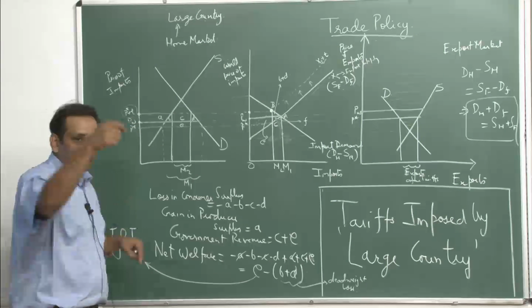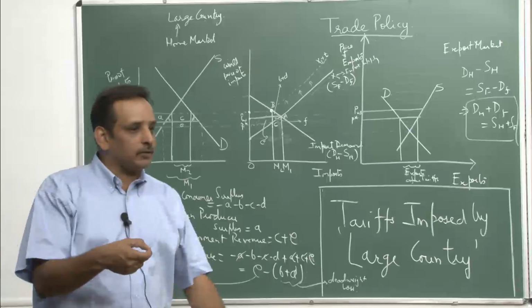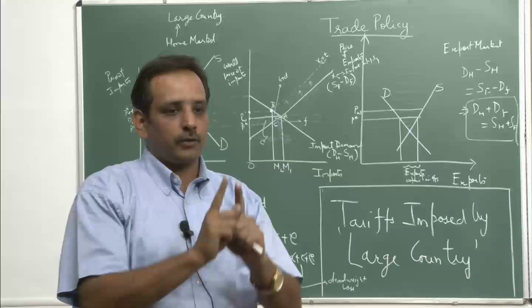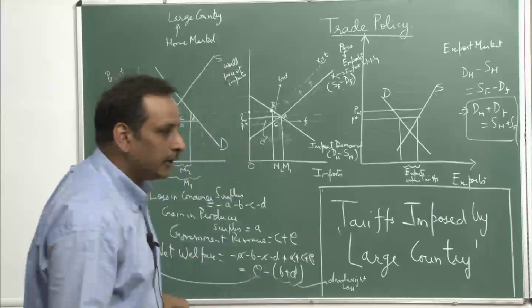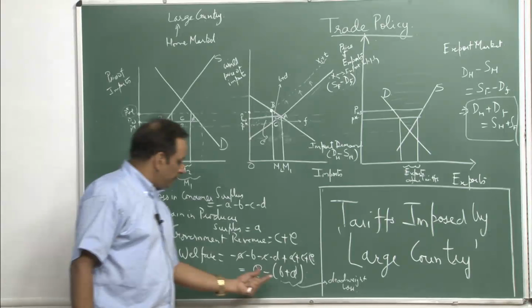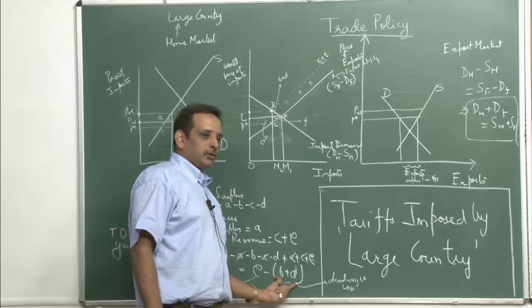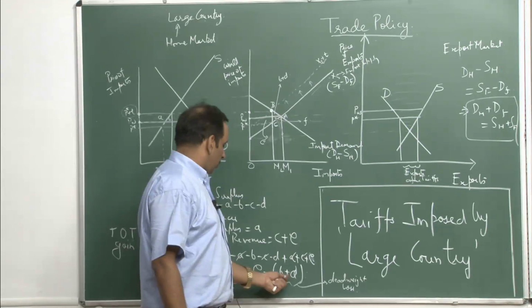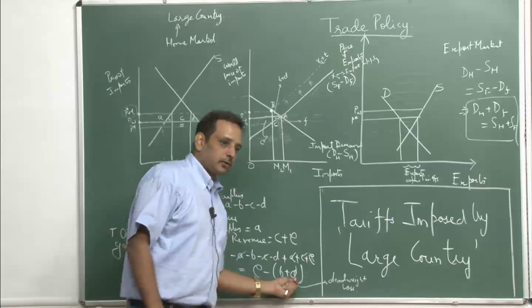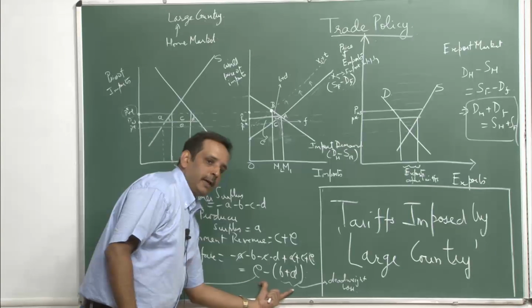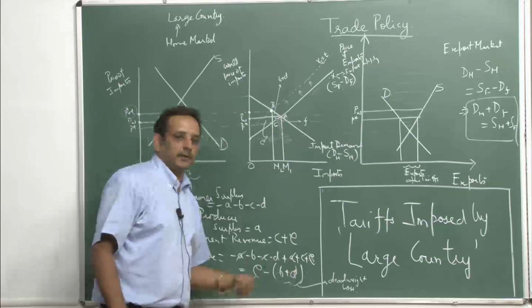So, you see a decline in the price of imports, which is equivalent to saying that the terms of trade increases. So, this is the terms of trade gain E. B plus D are the distortions which are created in the economy. B is the production distortion, D is the consumption distortion. So, the effect of tariffs on the large country is ambiguous, it is E minus B plus D.